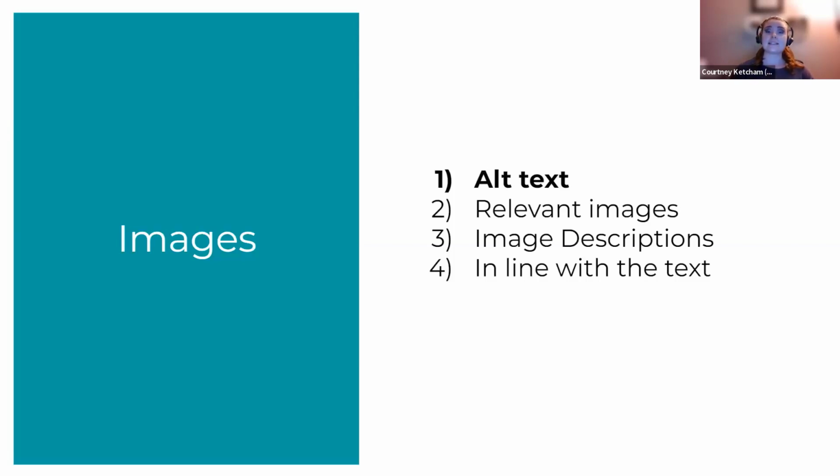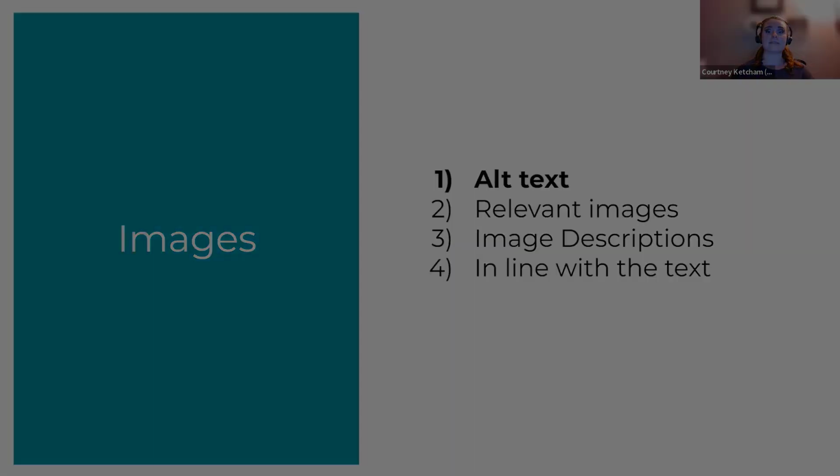If alt text goes beyond the limit of 1 or 2 sentences, if there's long text within that image that you need your viewers to know, but you do not want to place it into the alt text box, you can include an image description below that image. And lastly, again, to avoid an error message in your document, you want to make sure that your images are in line with text.